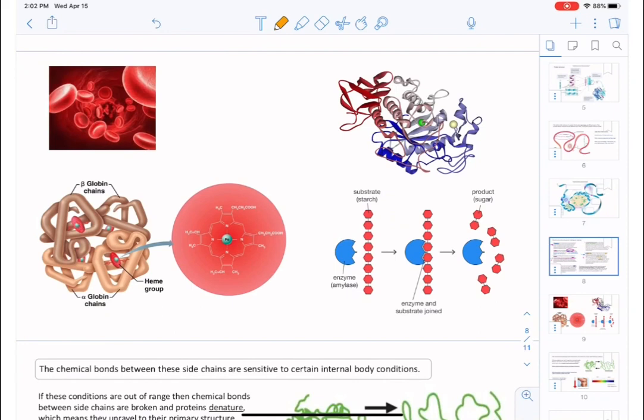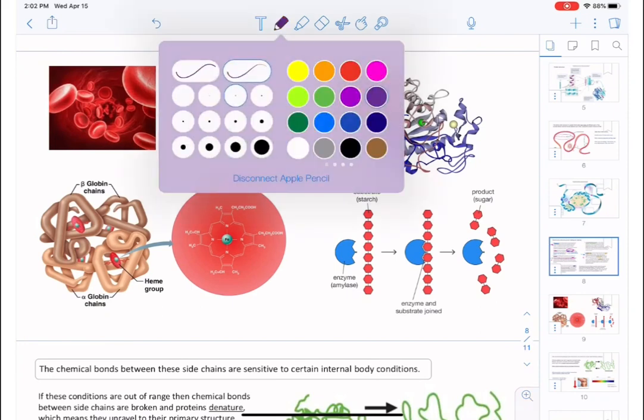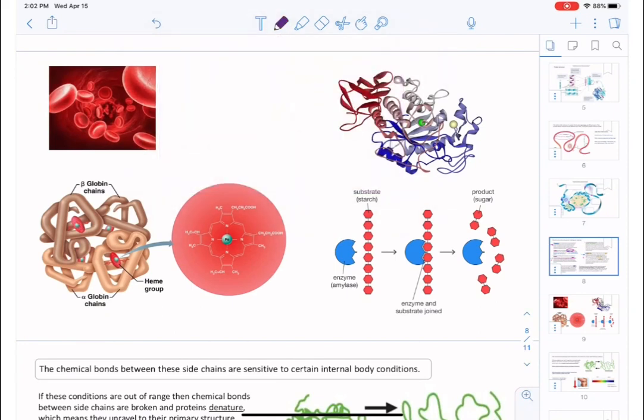Okay, then what I have going on over here is an enzyme that's breaking down a starch molecule. But the point here is that enzymes are also protein molecules. And they may depict it like this, but this enzyme is actually in a complex 3-dimensional structure. And that's what's being represented up here.